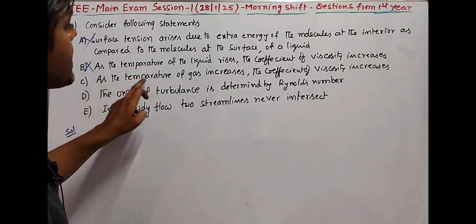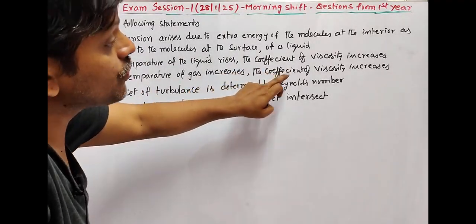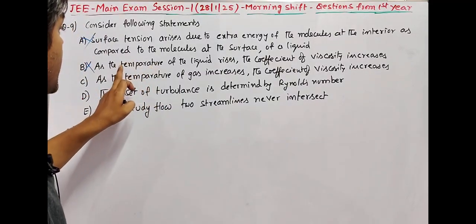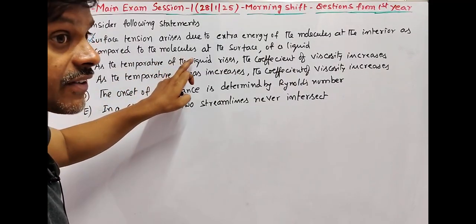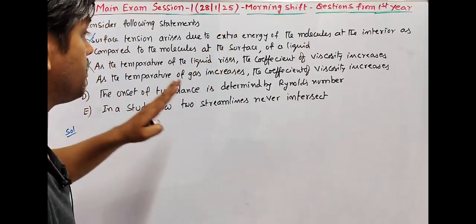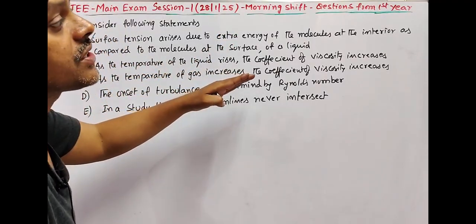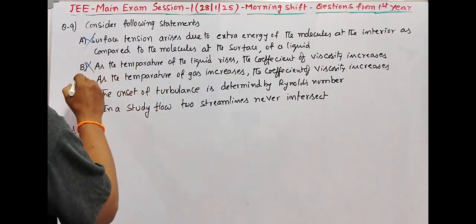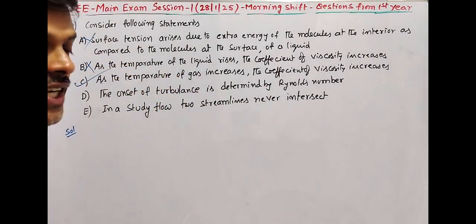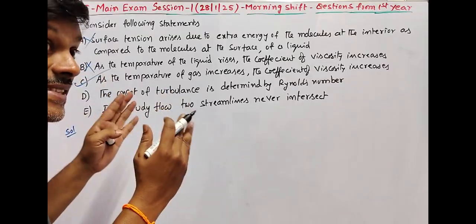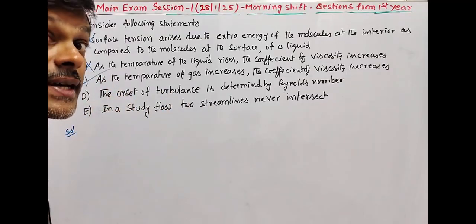Okay, so it is wrong. Next, option C. As the temperature of a gas increases, the coefficient of viscosity increases. You know, there is a confusing point. When temperature increases in liquids, viscosity decreases. But in the case of gases, when temperature rises, the coefficient of viscosity increases. That is correct. That means gas molecules come closer, that's why the viscosity of the gas increases as the temperature increases.